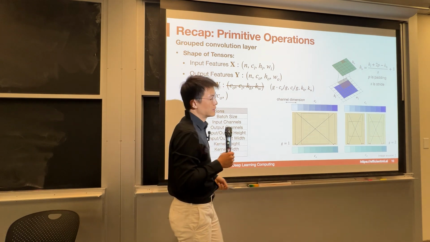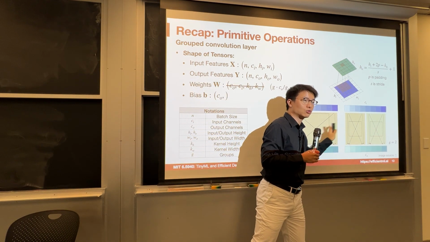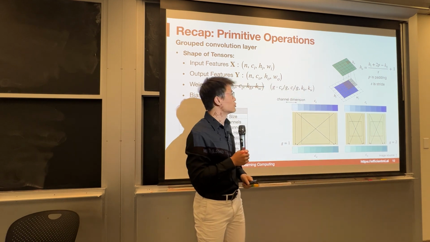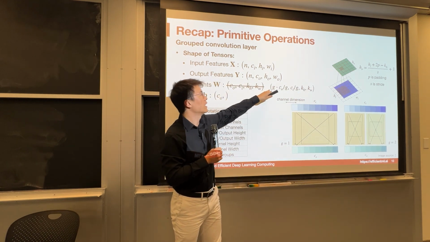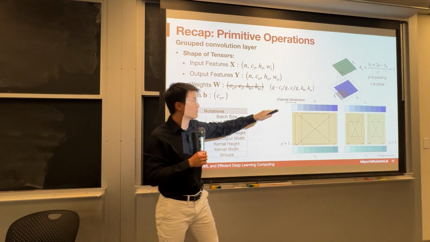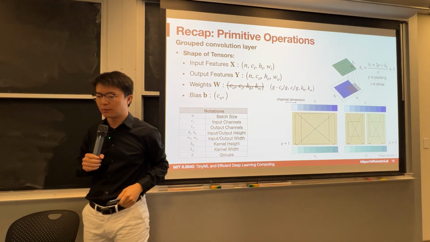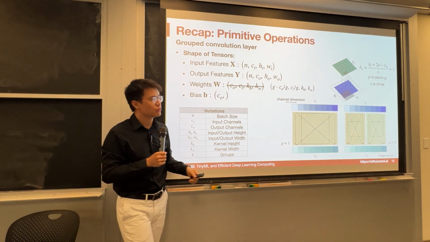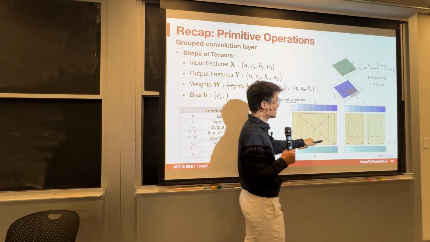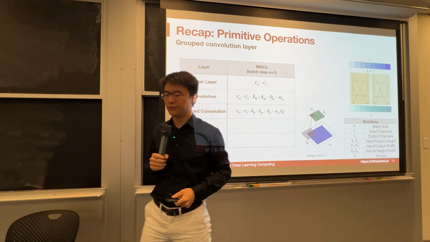To reduce the amount of compute, we introduced group convolution, okay? Group 1, group 2, so that rather than Ci, now we have Ci divided by the number of groups. So the number of weights is reduced by G. In this case, the number of weights is reduced by 2.